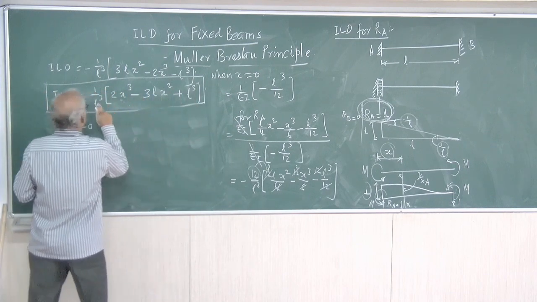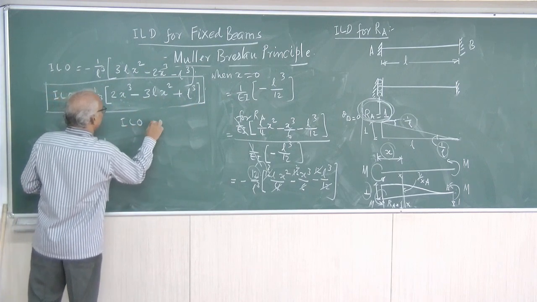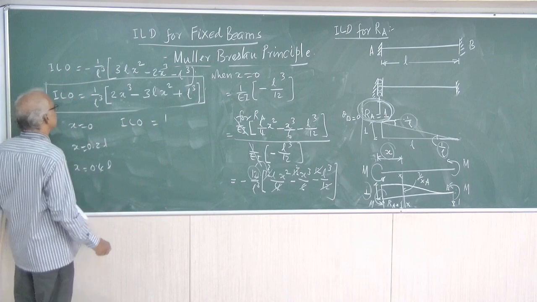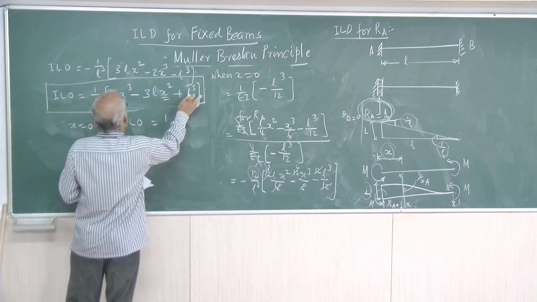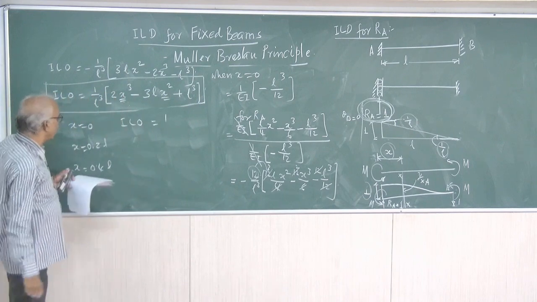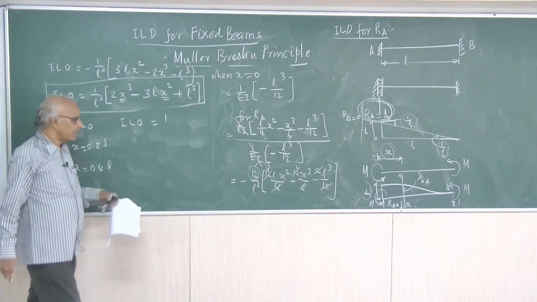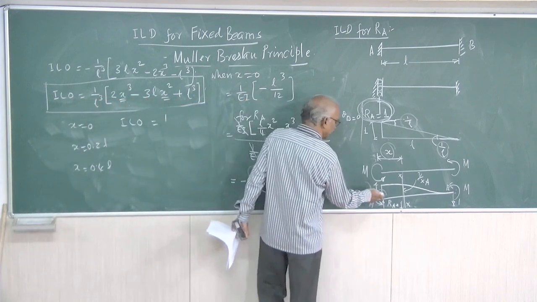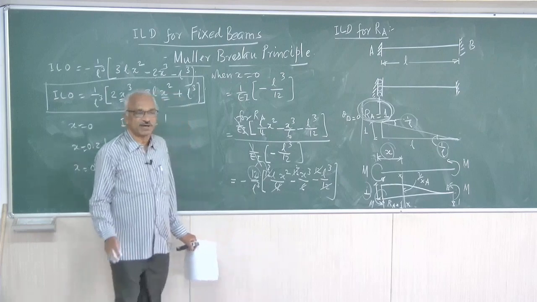So L cube by L cube will become 1. So ILO will become 1, because x is 0, you will have only L cube by L cube equal to 1. That is what we want, because at A, this value has to be unity. Then only it will be the influence line for RA.